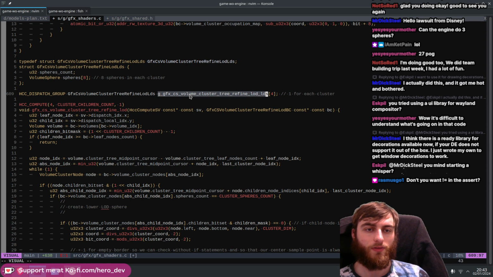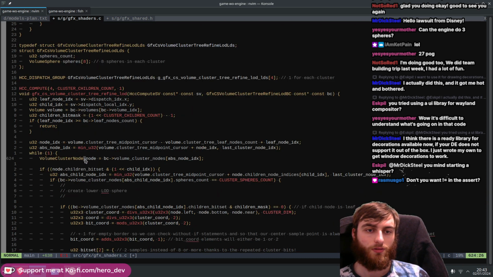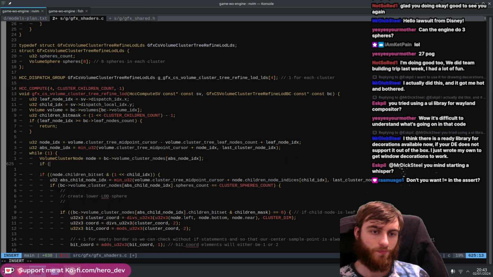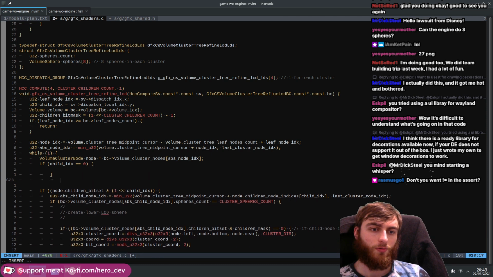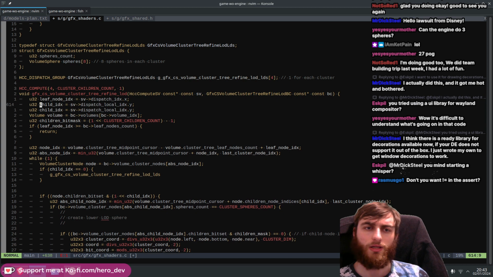So basically this thing needs to get initialized. So here, if child index equals 0, we want to initialize the LDS. Do you call it cluster index?